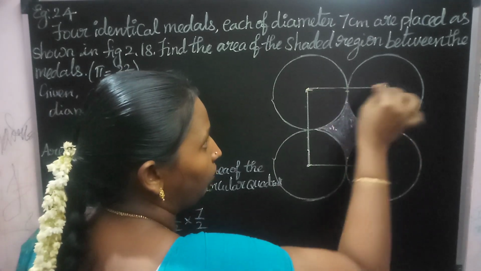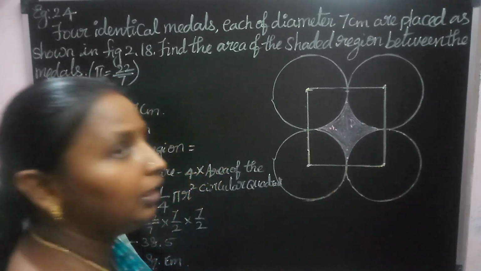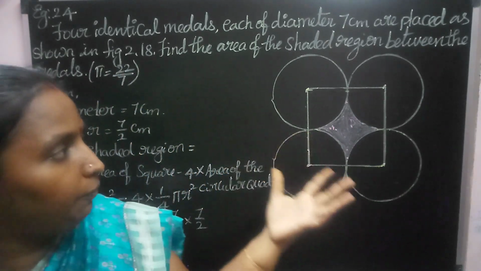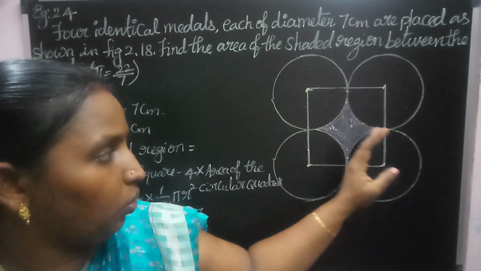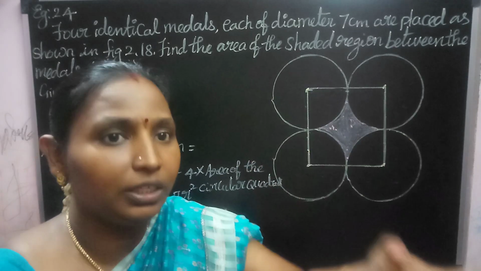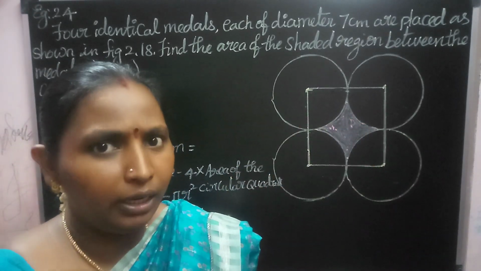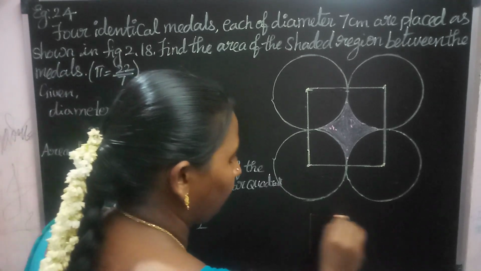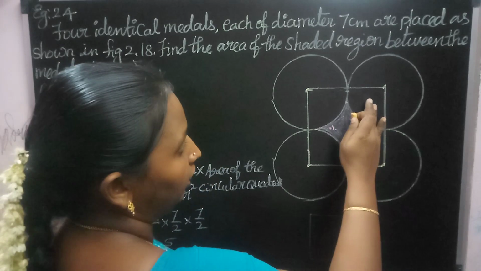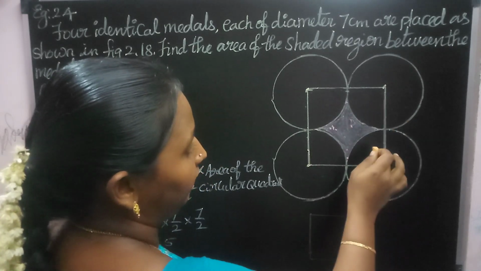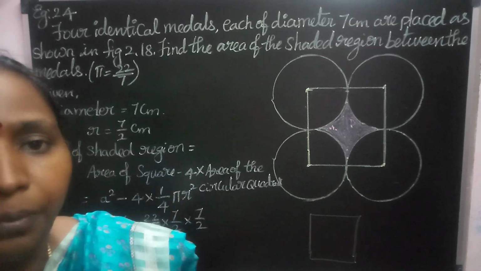Here this is also one circular quadrant, this is also one circular quadrant, and this is also one circular quadrant. If you subtract the area of the circular quadrants from the area of the square, then you can get the shaded portion. Am I right? The full area of the square you can find, and if you subtract this area, definitely you will get the area of the shaded portion.